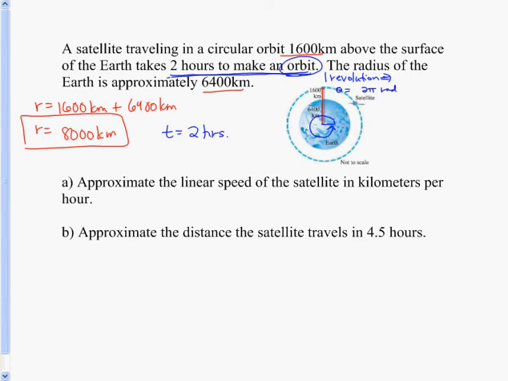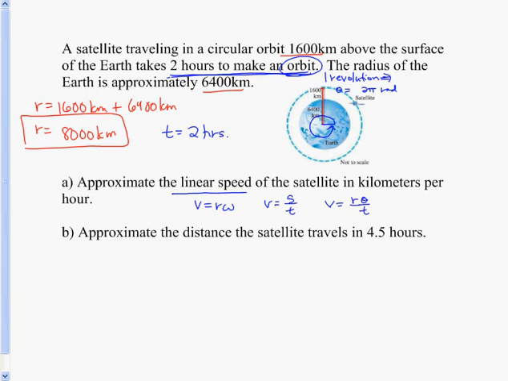So when they want linear speed, that is v. It looks to me like I have a couple of options. It's either r times omega, or it's s over t, or it's r theta over t.